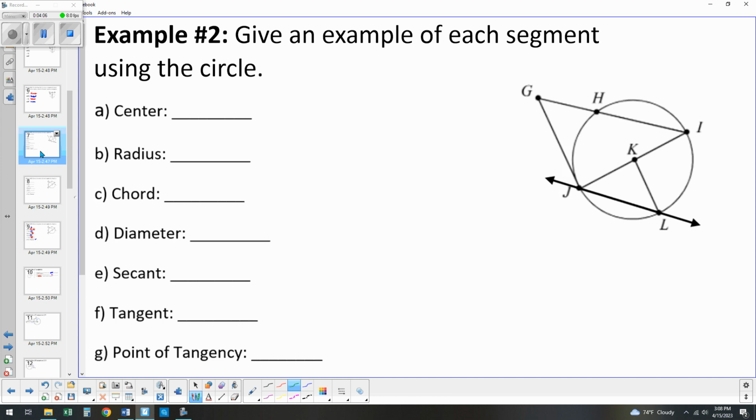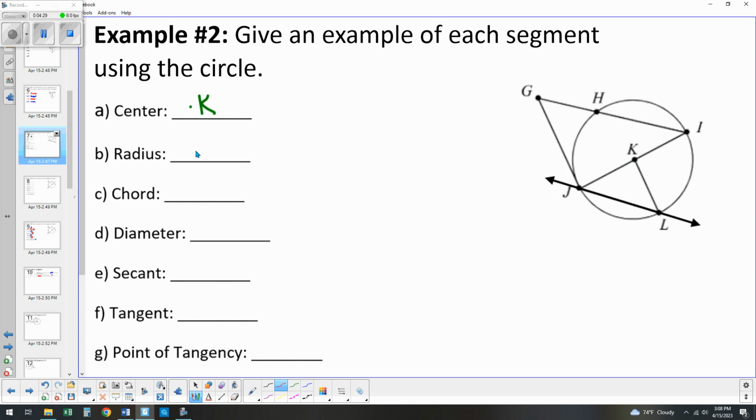So in our next example, we're going to give an example of each segment or line using the circle. Or in this case, center is a point. So the center of the circle would be point K. A radius, I could either say KJ, KI, or KL because all of them start at the center and go there.